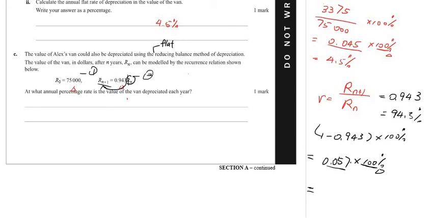So 0.057 times 100, I need to move my decimal place 2 places to the right, and that becomes 5.7, and my percentage sign gets copied down. So the annual percentage rate at which the value of the LX1 depreciates each year is 5.7%.